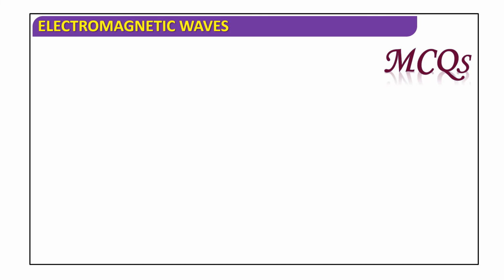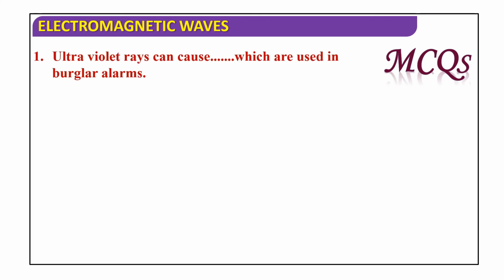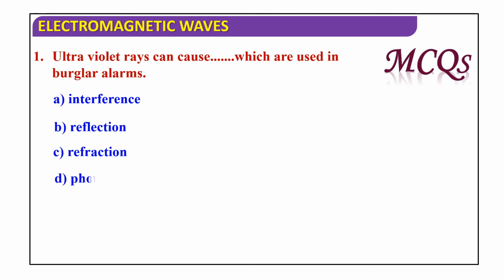Now discuss MCQs. Ultraviolet rays can cause dash, which are used in burglar alarms: interference, reflection, refraction, photoelectric effect. Ultraviolet rays can cause photoelectric effect, which are used in burglar alarms.